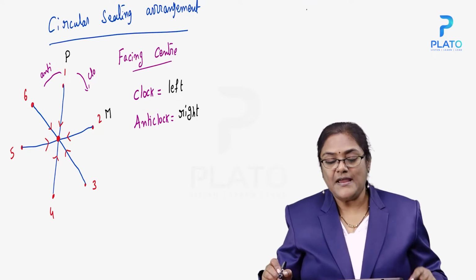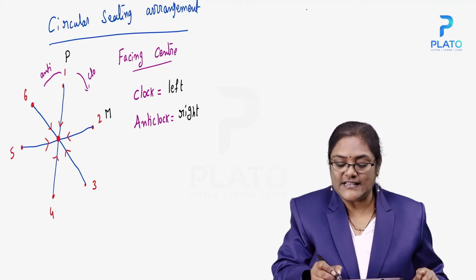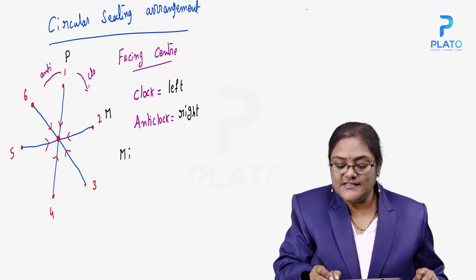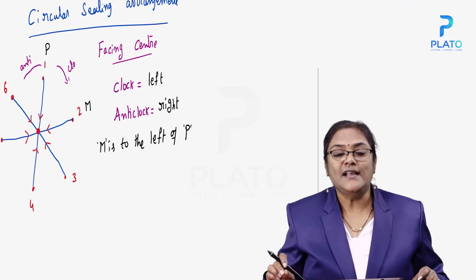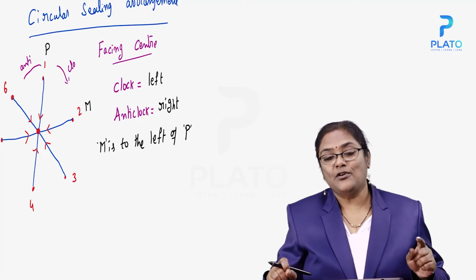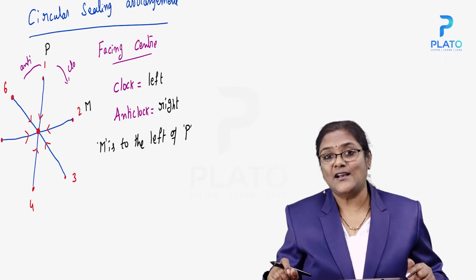So from P, M is in the clockwise direction. Therefore, how can you say it? M is to the left of P, because from P, M is in the clockwise direction. So from whom are you seeing clockwise?